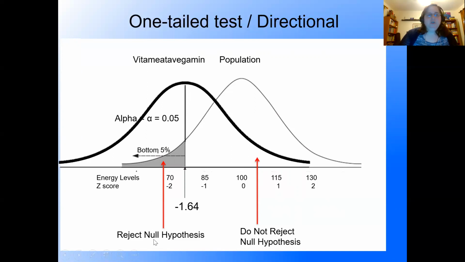If it does, we can reject the null hypothesis. We reject that notion that nothing is going on, because in fact something is going on. Vitamin and vegemin seems to be reducing energy levels, just like in the previous example, vitamin and vegemin seemed to be increasing energy levels. If, however, we fall over here, anywhere but that little gray area, we do not reject the null.